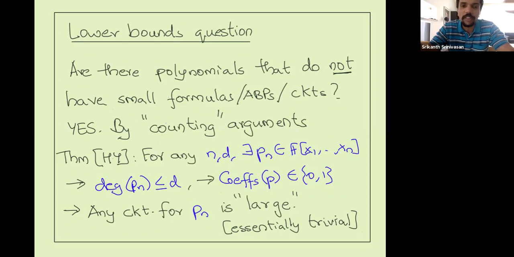Essentially, this circuit is not much better than simply writing out the polynomial as a sum of monomials. So the end result is that if you just want to ask whether there exist polynomials that don't have efficient circuits, formulas, ABPs, whatever, the answer is yes. But the question that we are asking is slightly more nuanced than this.